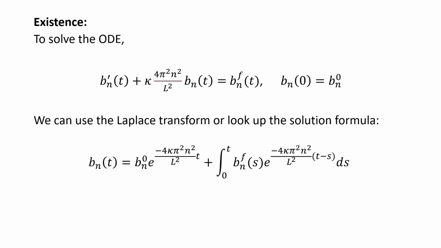We have got bn of t, the nth Fourier coefficient at time t, equals b naught n times the exponential of negative 4 kappa pi square n square over L square times t plus the integral from 0 to t of bnf of s times the exponential of negative 4 kappa pi square n square over L square times (t minus s) ds.